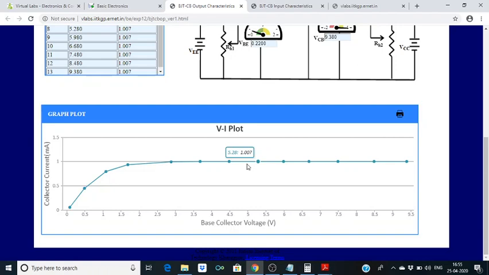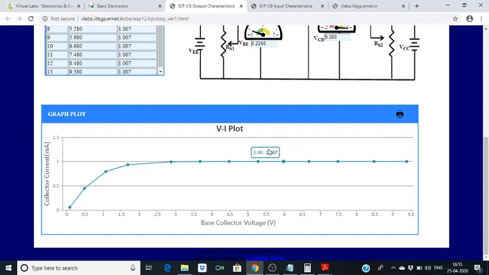So from here we can find out the output resistance. One more thing, this slope is nothing but the reciprocal of output resistance. The slope is 0, so 1 upon 0 is infinite.